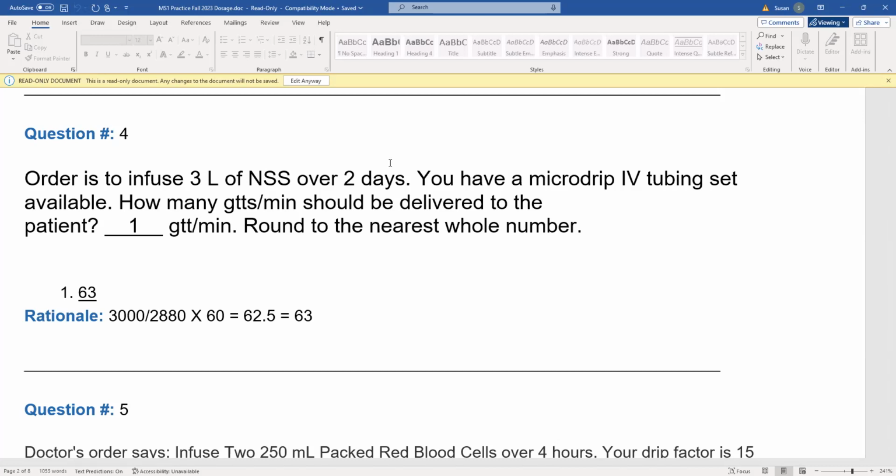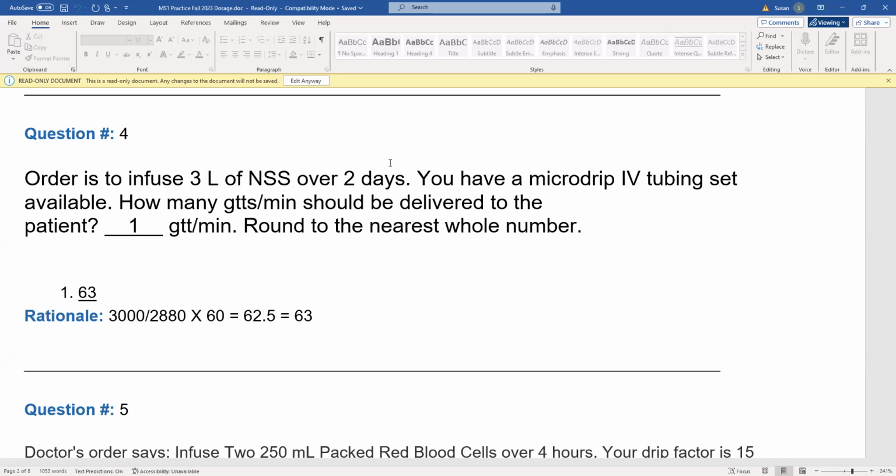Always a whole number. What's our total volume here? 3,000. It's always going to be in liters or milliliters. So you have 3,000 mLs. What is your drip factor? 60.